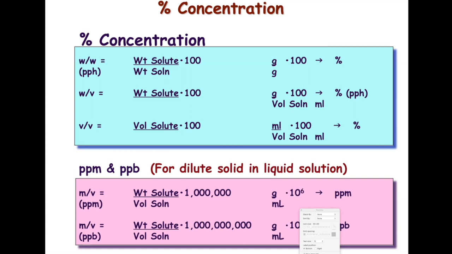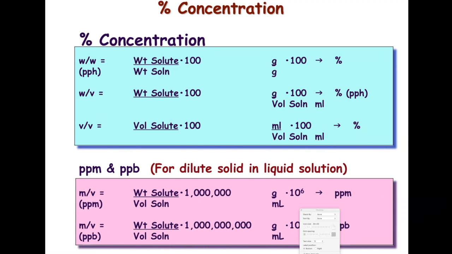If you take the weight of the solute and divide it by the weight of the solution and multiply it by 1,000,000,000, then that's parts per billion. That's what you see here in this particular slide. It's just a multiplier that gives you ppm or ppb. So it's nothing new, and you shouldn't be intimidated by that type of unit.